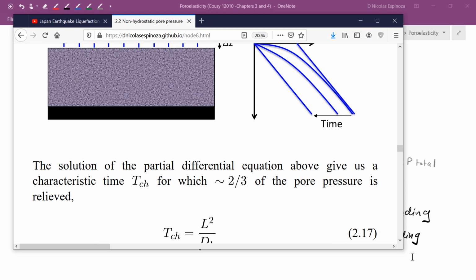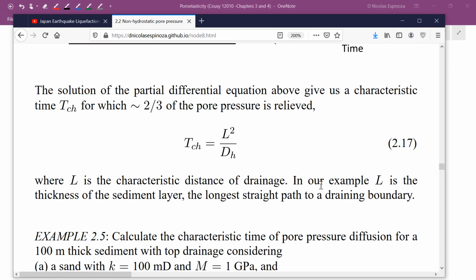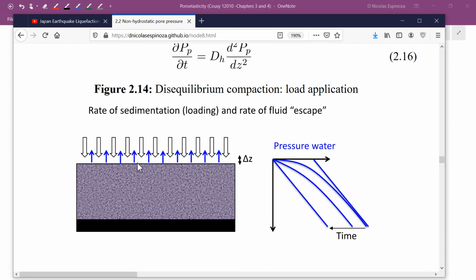In this example, we have the loading of a geological formation in which we have draining possible only from the top. This resembles the process of sedimentation and compaction, in which, for example, I might have a shale here at the bottom, so the only chance for fluids to escape would be through the top. Let's say I had a sand on the top. And for this particular example, the drainage length then would be from here to there.